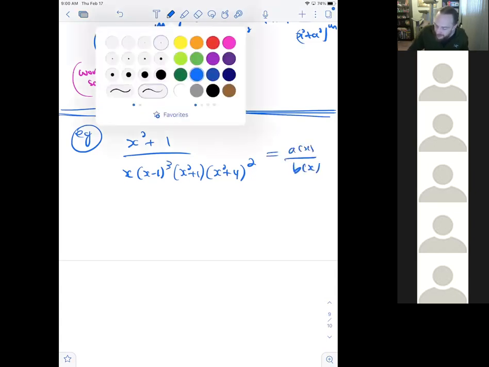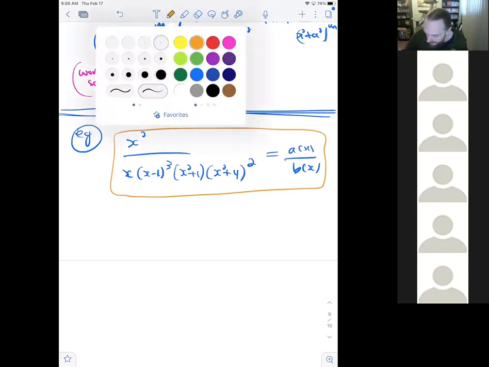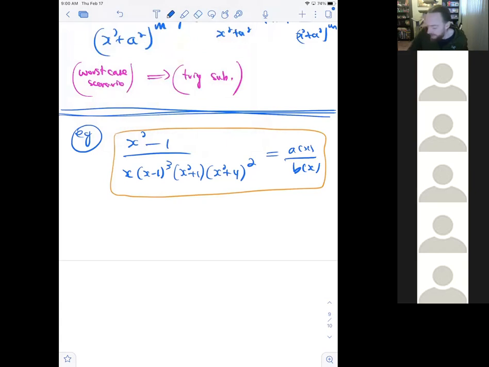If this is my a of x over b of x, the first thing in partial fractions is you have to make sure, and I've already done it for us, I factored the denominator. I don't care about the top, whether it is or not, because I could do -1 even, I don't care. That'll be the next part.